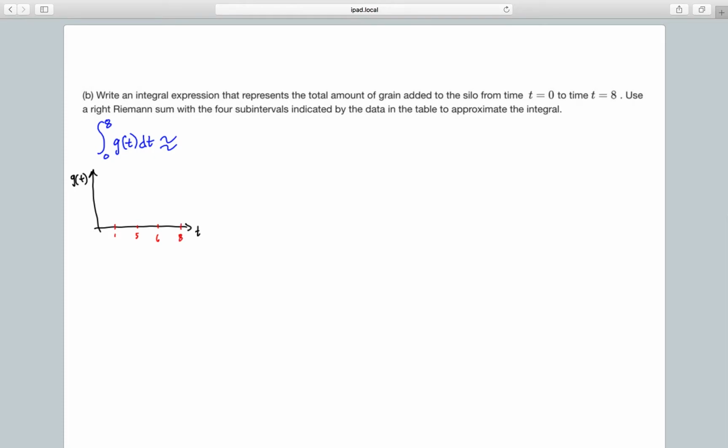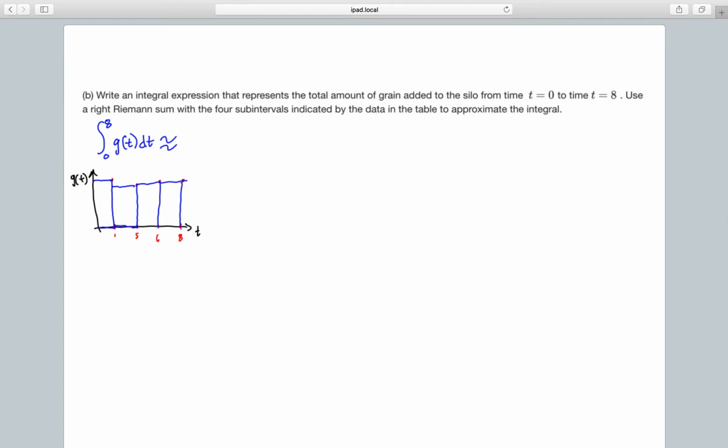And then I don't really care what the y values are, just that there are y values, right? And so we're going to be using right Riemann sums. So on my first subinterval, I would want to use the right-hand side to get the height of that rectangle. On my second subinterval, use the right-hand side to get the height of that rectangle, and so on.